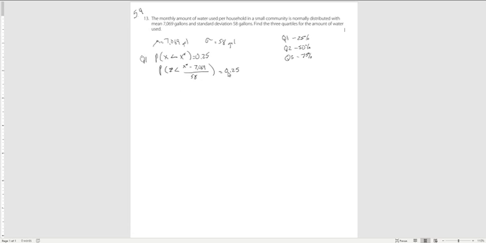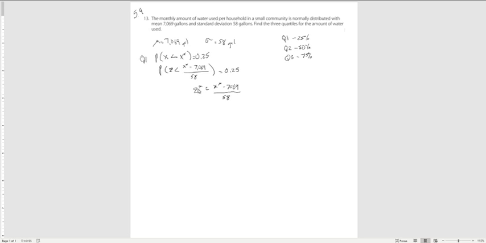So I can figure the value that goes in here for the Z value, and that Z value that gives me 0.25 is what I'm going to set equal to this. So essentially the Z star is going to equal X star minus 7,069 divided by 58.